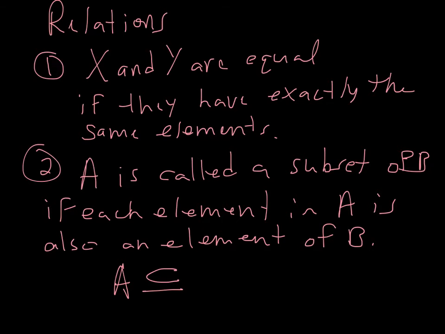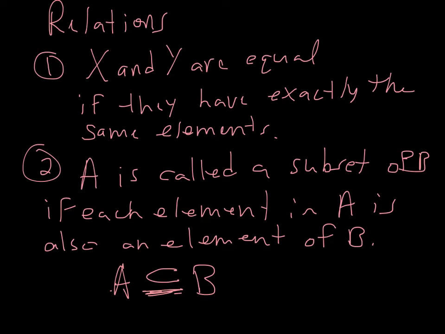A is a subset of B. And what that means actually is A could be equal to B. That's what that line is. But at least every element in A is also in B. Maybe all of them are, and it's equal. So that's what the line is.